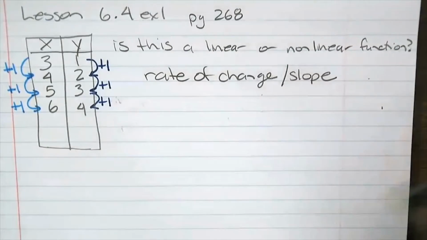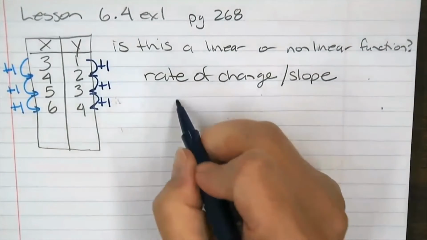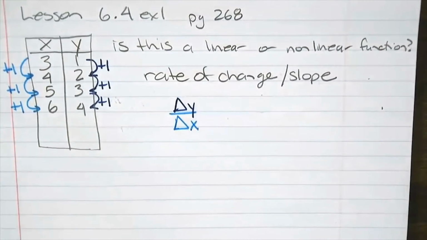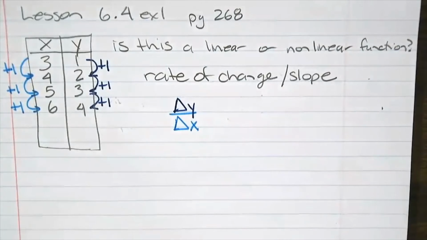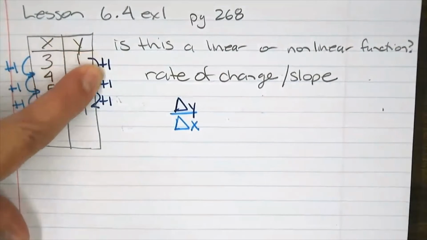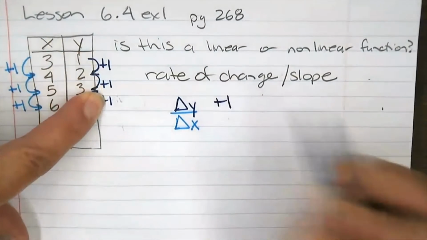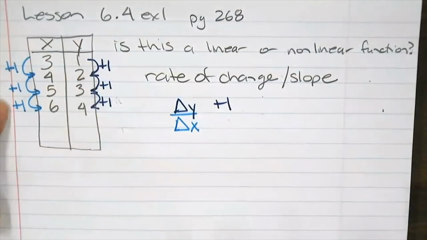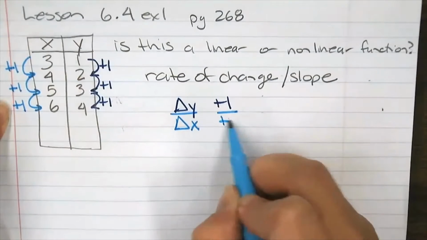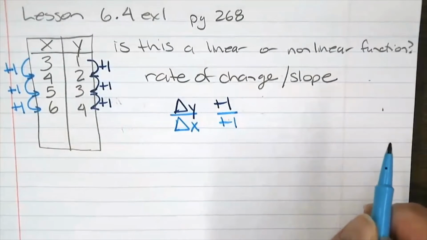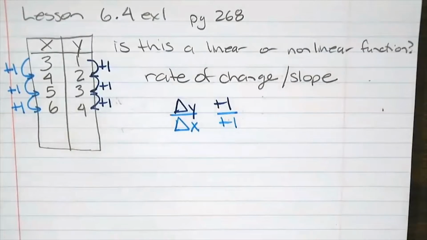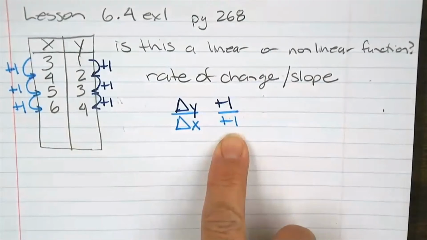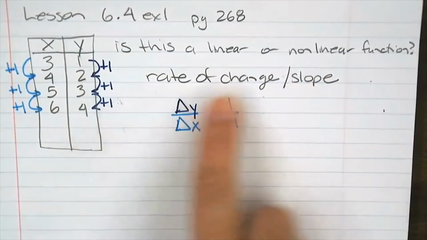The rate of change and the slope are the same thing. And that's a change in y over the change in x. So my change in y is constant. It's plus 1. My change in x is constant. It's plus 1. So I have a rate of change or a slope, right? 1 over 1. These are constant.